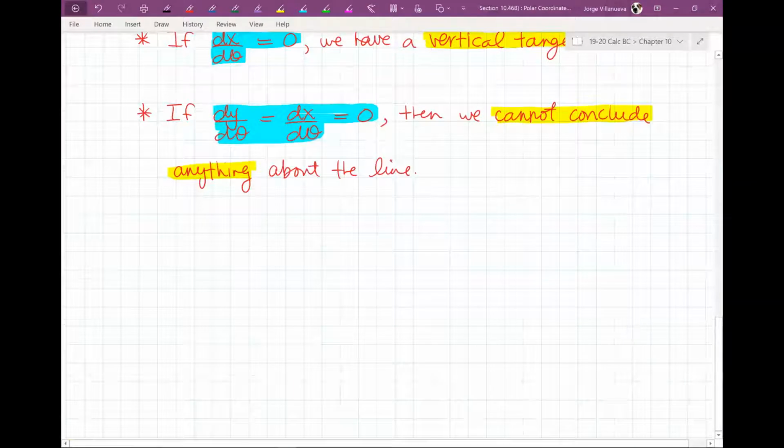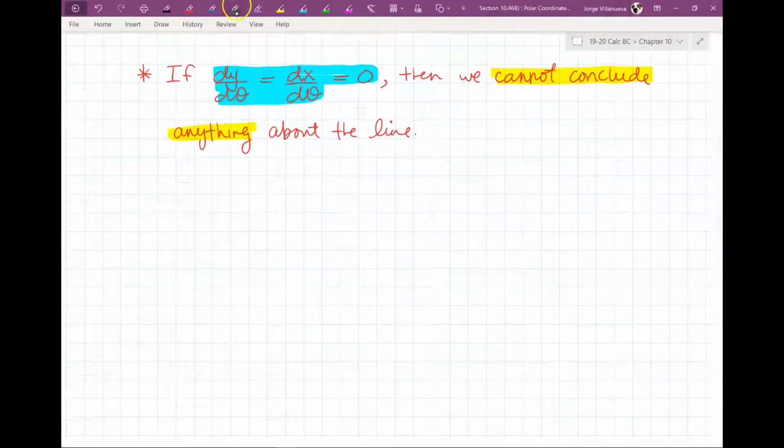All right, so let's write down the problem and then see if there's any questions over here. So let's see. This is example number 5.